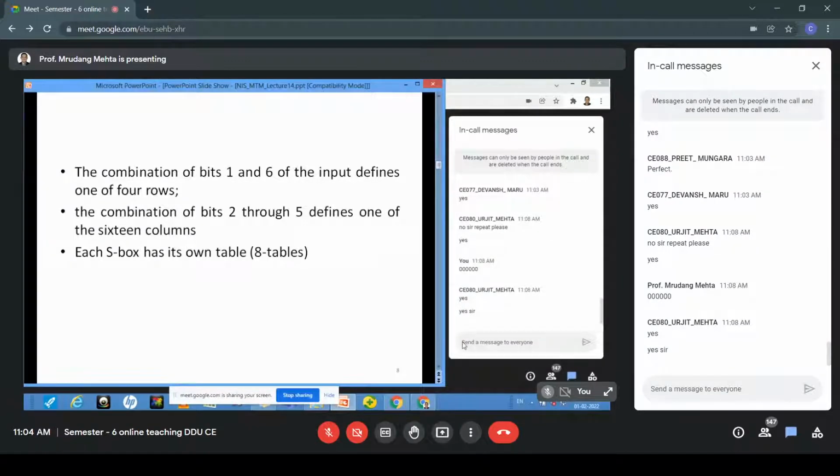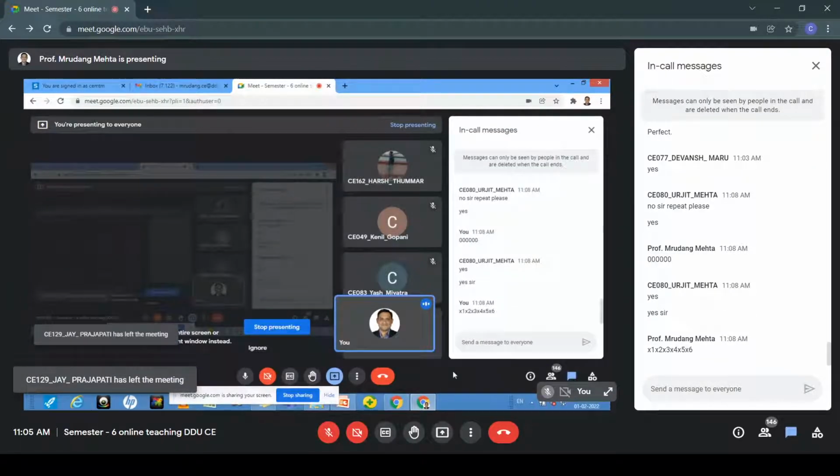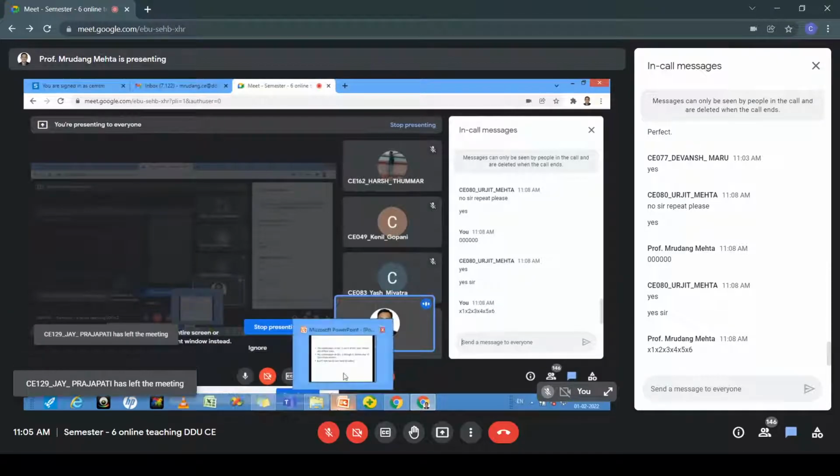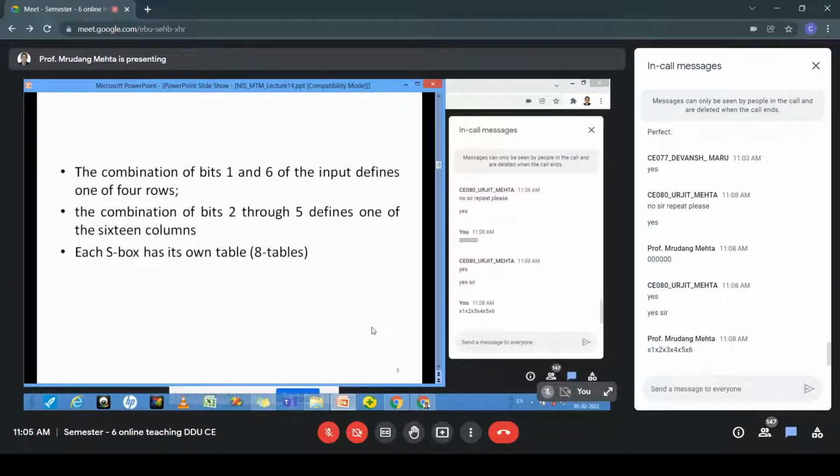So we can generalize it like this: x1, x2, x3, x4, x5, x6. So x1 is the first bit and x6 is the sixth bit. A combination of the first and sixth bits, x1 and x6, defines the row, and the combination of x2 to x5 defines one of the 16 columns. Is that clear now?